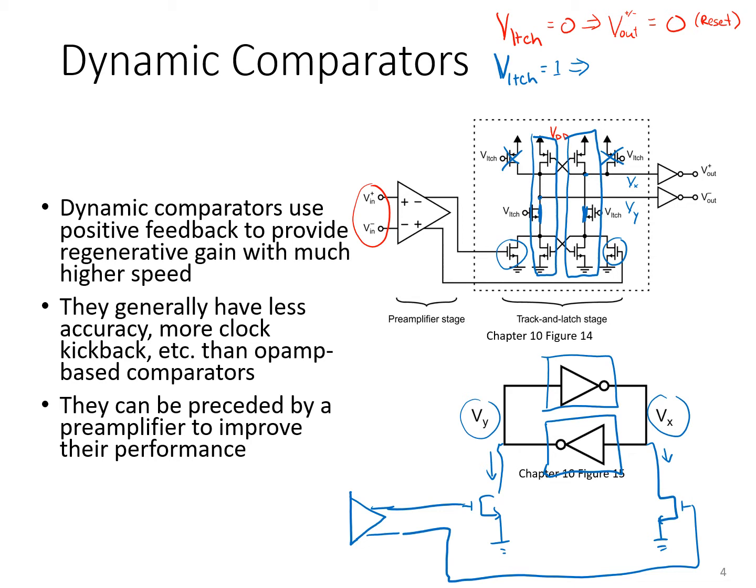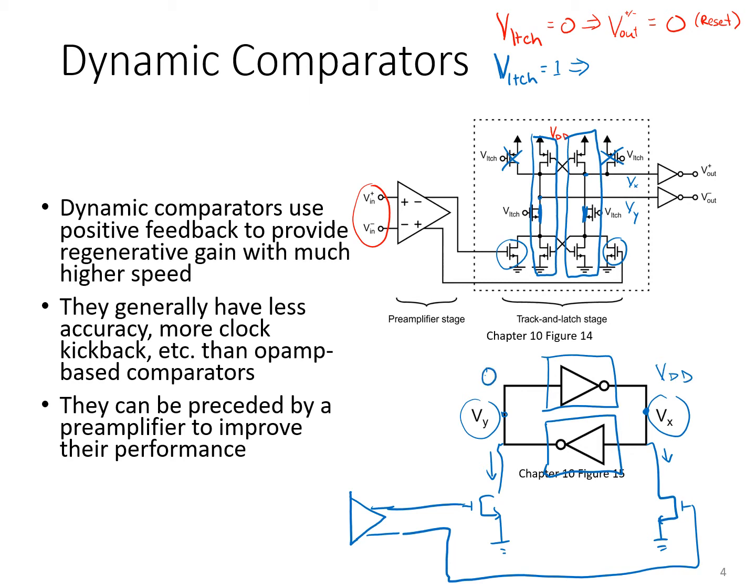Now, at some point, the differential signal that arises between Vx and Vy will activate a positive feedback loop formed by these two back-to-back inverters. So what may initially be a very small differential voltage between Vx and Vy will grow because it'll get amplified by the positive feedback action of these two inverters until eventually the two voltages saturate, one at VDD and one near ground.